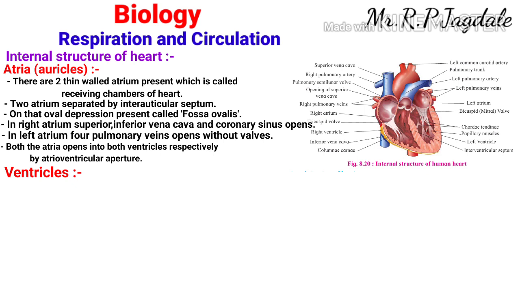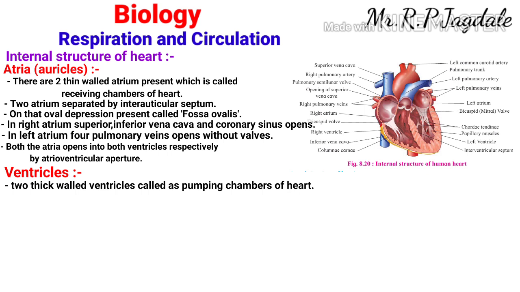Now coming to the second part, that is the ventricles. These are also present in a pair. Two ventricles are there, and they are thick walled pumping chambers of the heart. You can see in the diagram that the ventricles are thicker than the auricles or atria.